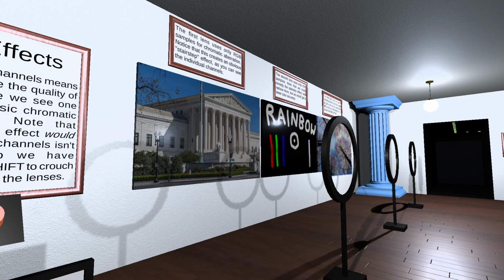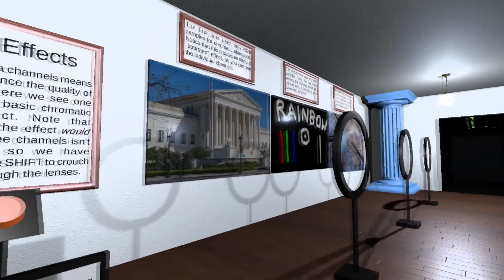And this normally isn't visible, but on the borders of a particularly prominent lens, the fringes definitely are going to show some chromatic aberration.